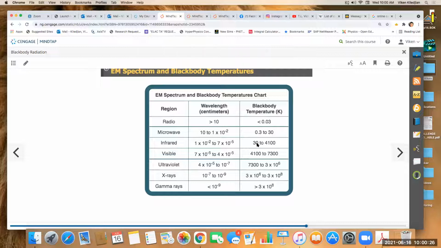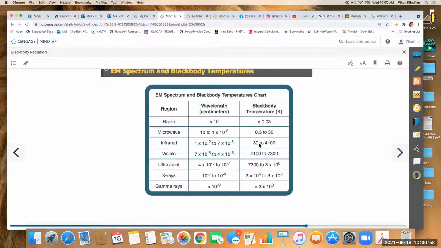Then the infrared is a wide range. Any objects from 30 Kelvin all the way to 4100 Kelvin will predominantly radiate in the infrared. Their radiation is dominant in infrared. Well, that includes us. Our human body temperature is 37 Celsius, so that's about 310 Kelvin.